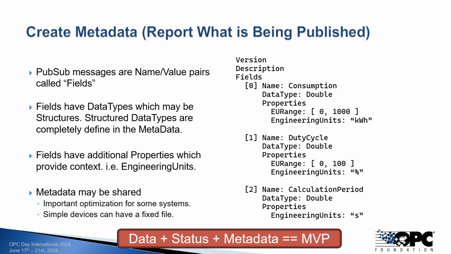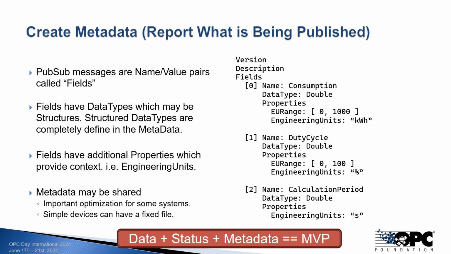You could send it to one topic that everybody's using to report their metadata. And the message format has ways to link individual data messages back to a specific shared metadata.